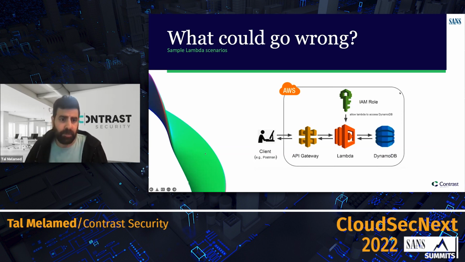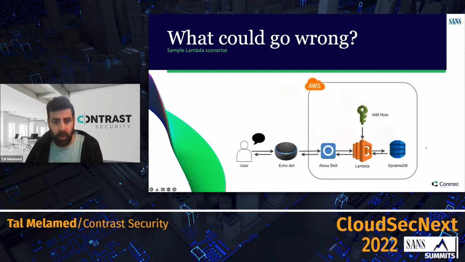Okay, but this is really a standard type of configuration, an API calling the Lambda function. What about this? There is a user talking to an Echo Dot Alexa device. Behind it there is an Alexa skill and a Lambda function, again writing to or reading from the database.